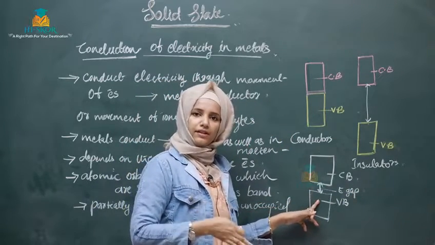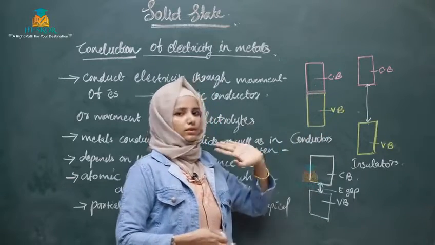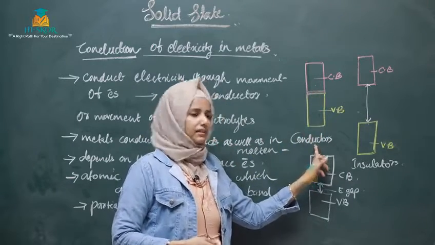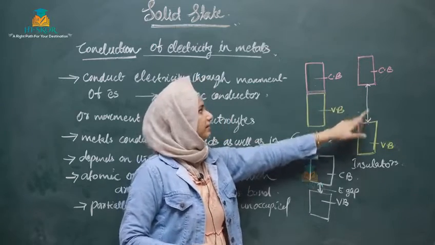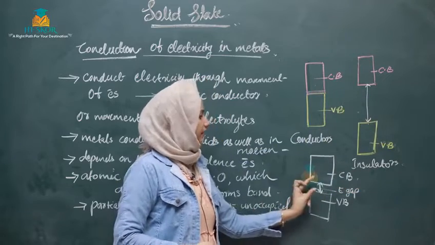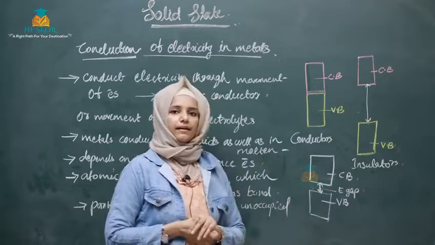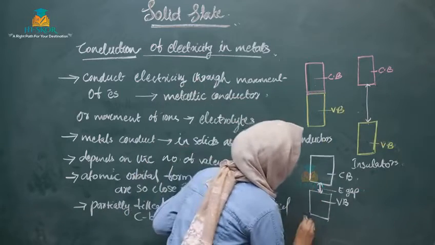Conductivity will be high because the bands are very close. If the energy gap is very high, those are insulators. If the gap between the conduction band and valence band is very small, such materials are called semiconductors.